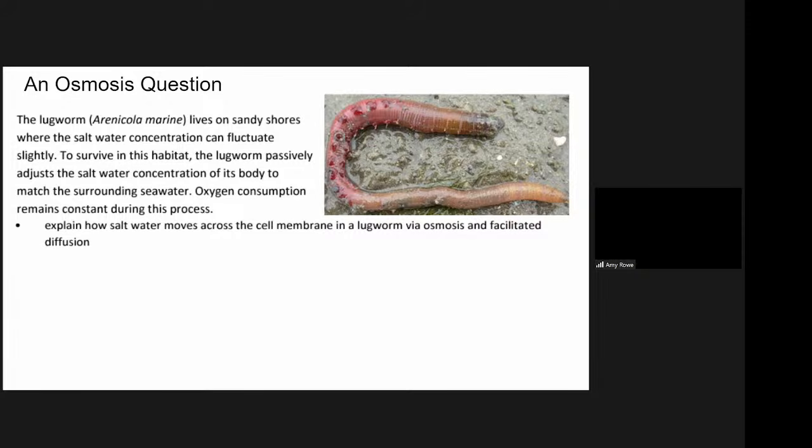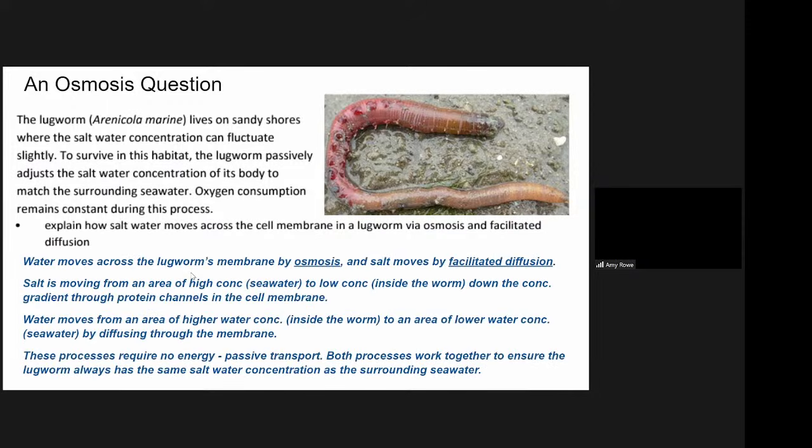We're talking about a type of transport that doesn't require ATP. If it required ATP, then our lugworm would need to be doing lots of respiration to generate lots of ATP to move these substances around. But those are a few clues in the question that direct you to osmosis and passive transport.